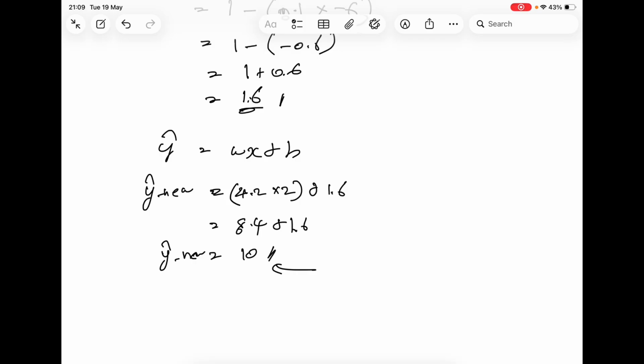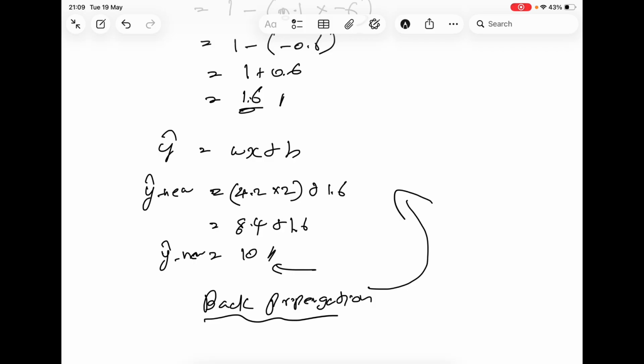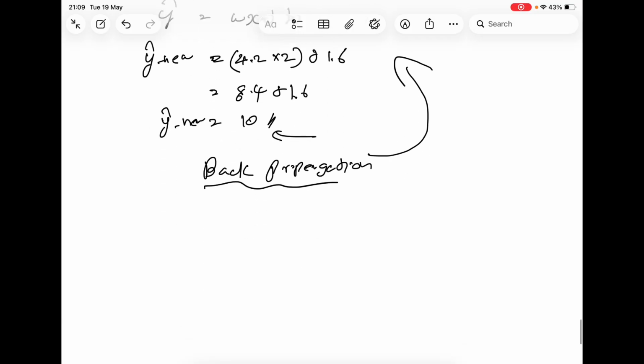The entire process after prediction of reducing the error and adjusting the weights and bias is called back propagation, right? So that's what we have done after predicting the output.